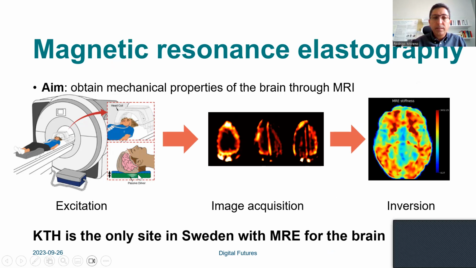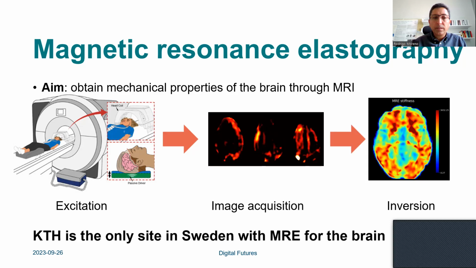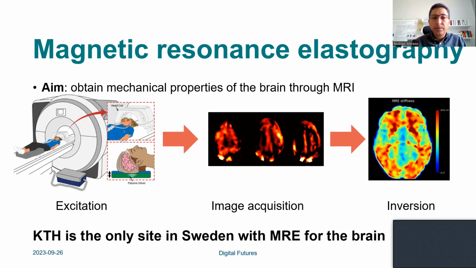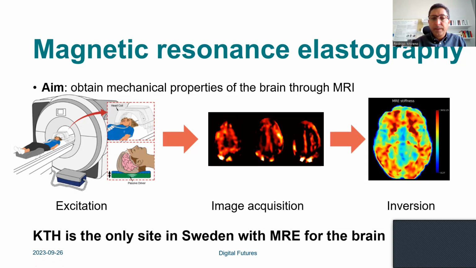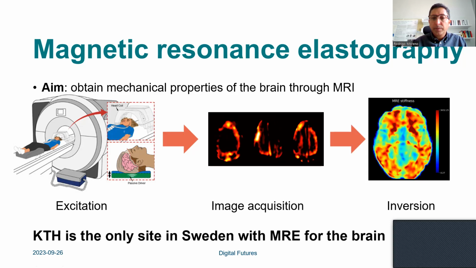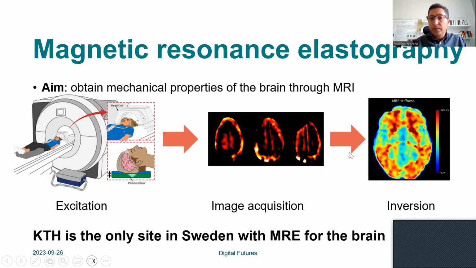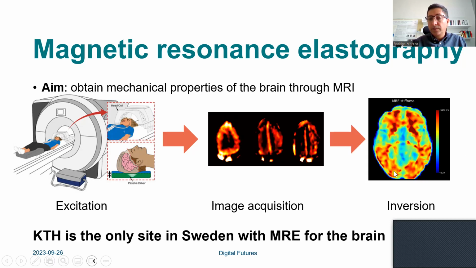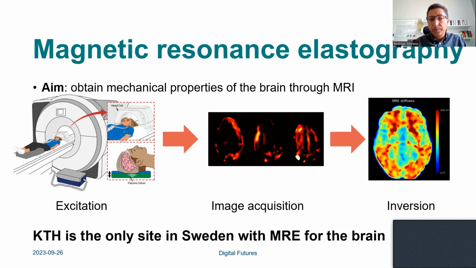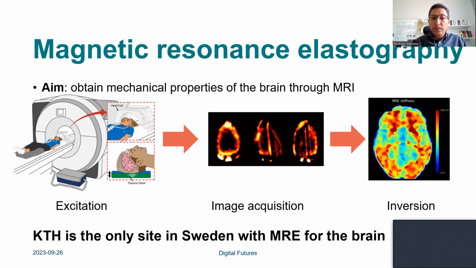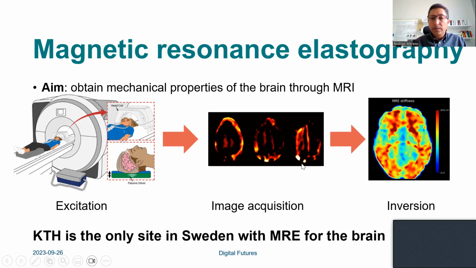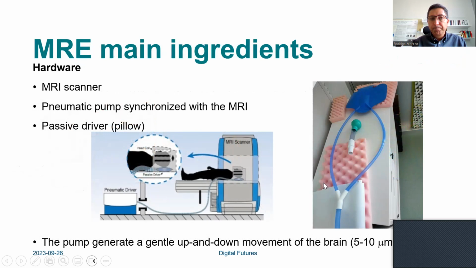And then it creates some gentle up and down movements of the tissues. So these movements are imaged with MRI. And with these images, after post-processing, then you get the stiffness, for example, of the tissues. KTH is proud of being the only site in Sweden with this technology right now.